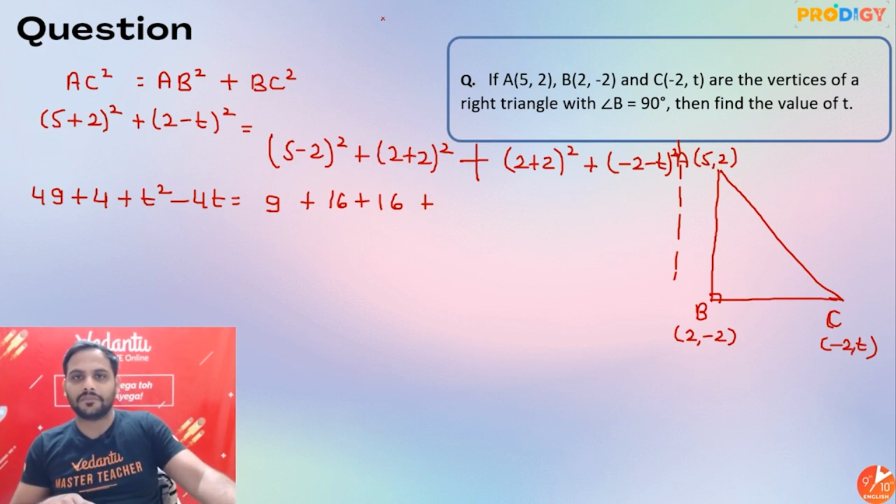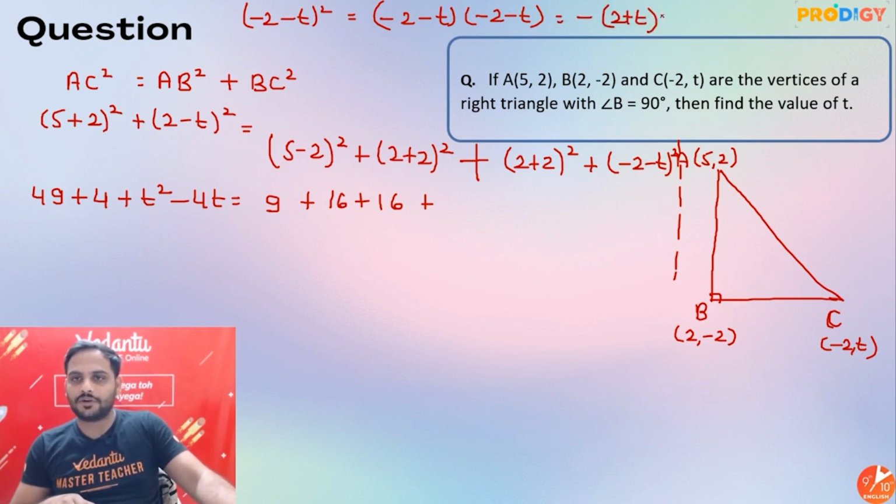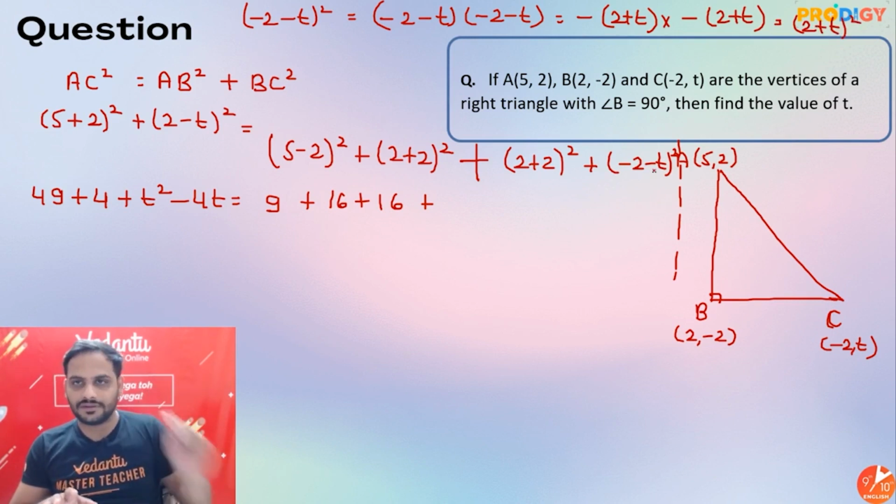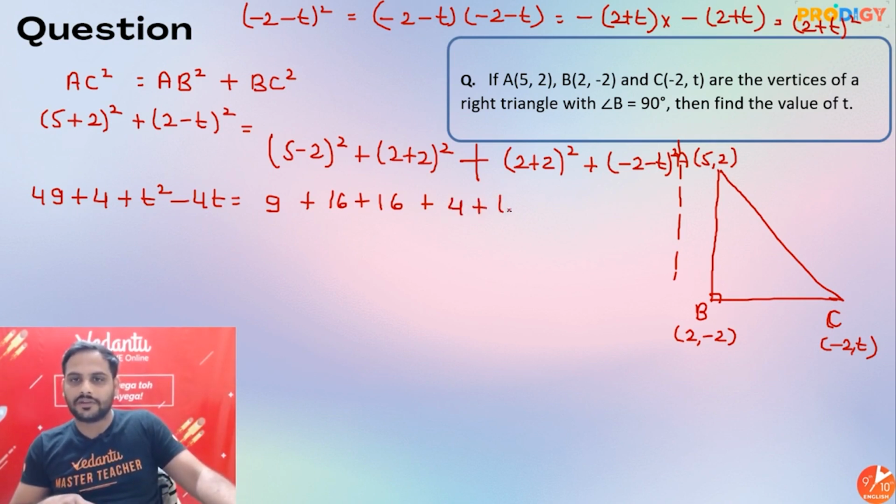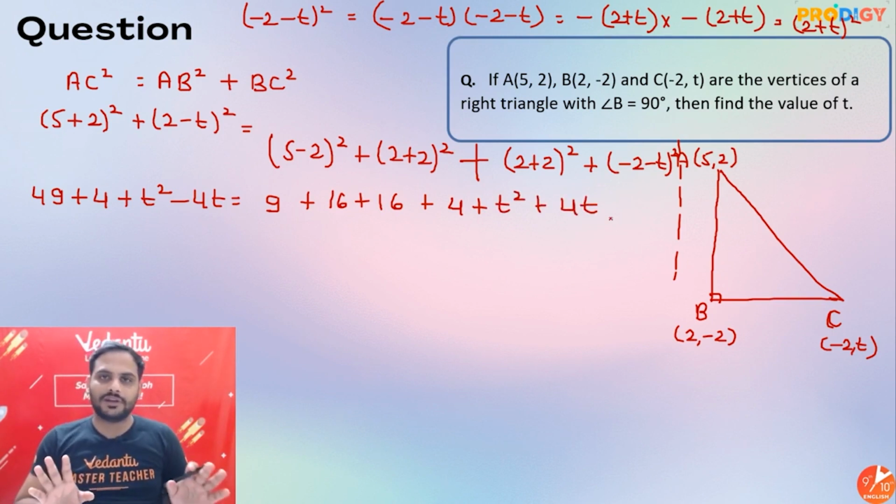It will be (minus 2 minus T) into (minus 2 minus T). If I take negative common from the first bracket, it will be minus of (2 plus T). Take negative common from the second bracket also, minus of (2 plus T). Negative into negative will become positive, which is nothing but 2 plus T whole square. So if there is a square and you take negative common, that will be gone. So it will be 2 square is 4 plus T square plus 2 into T, which is plus 4T.